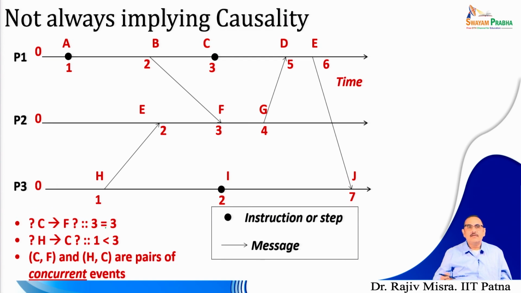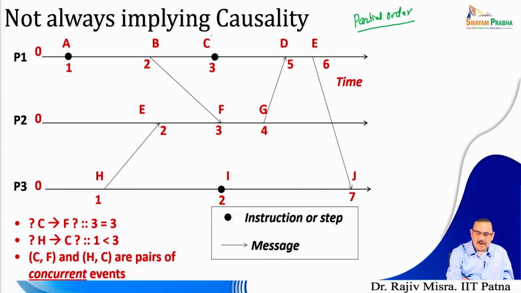Now, the question is, not all the events are ordered. That is why it is called a partial order. Let us find out those events who are not connected with the happened before relation or not following the causality. If we see C and F, they are not related with the happened before relation.